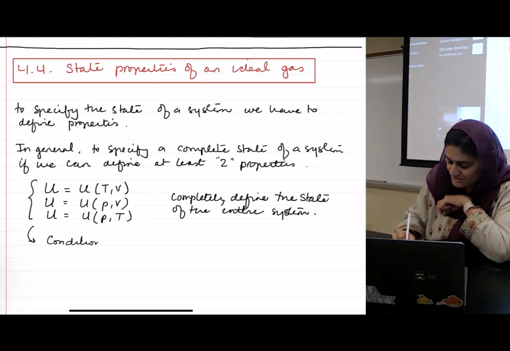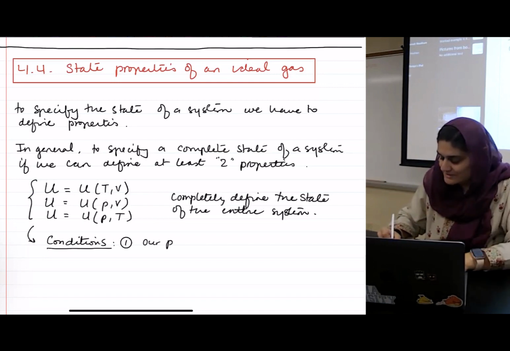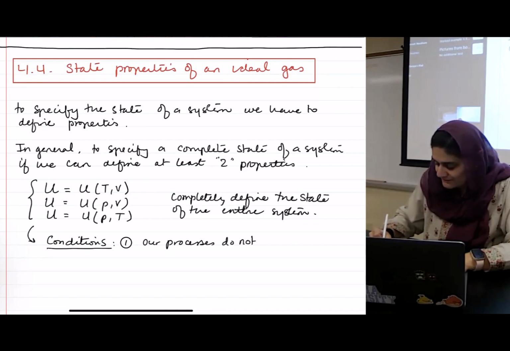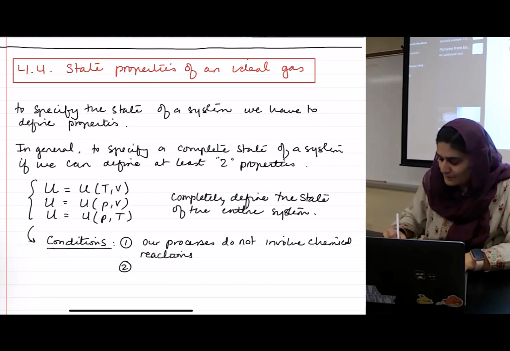So conditions, number one, our processes do not involve chemical reactions. And number two, our processes do not involve changes in phase.